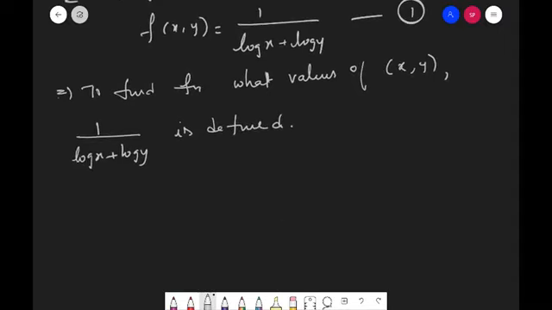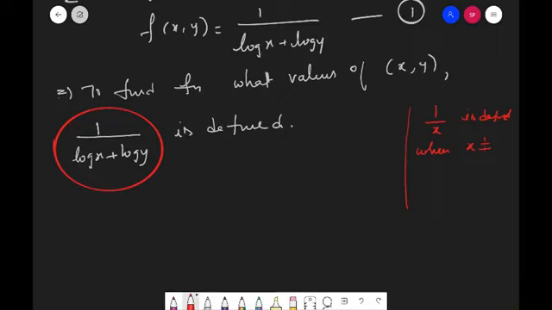Now here you can observe this function. It is first a reciprocal function. So 1 by x is defined when x is not equal to 0. So the first point here is that log x plus log y should not be equal to 0.